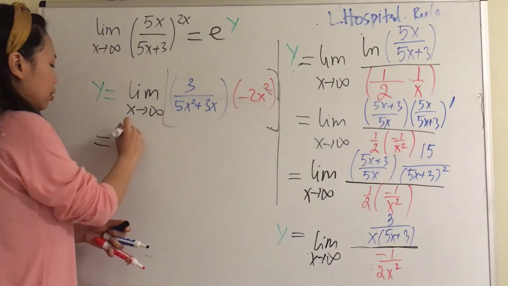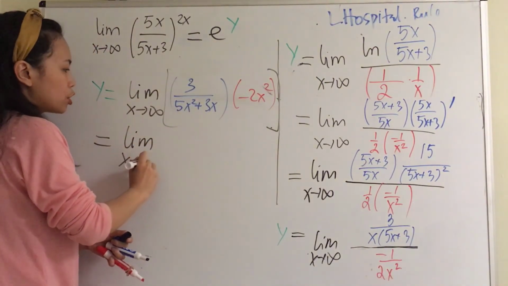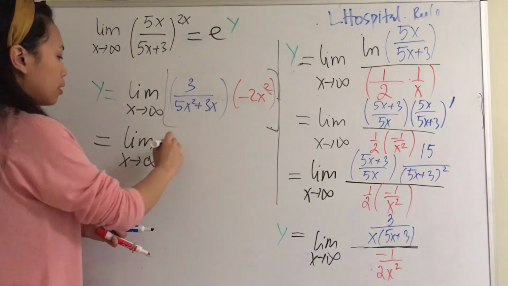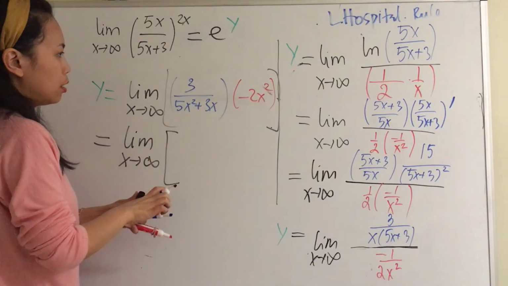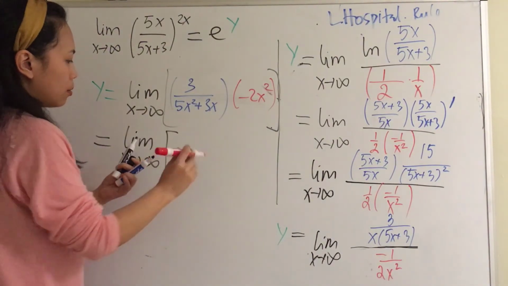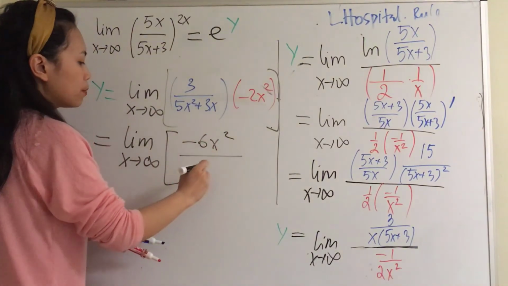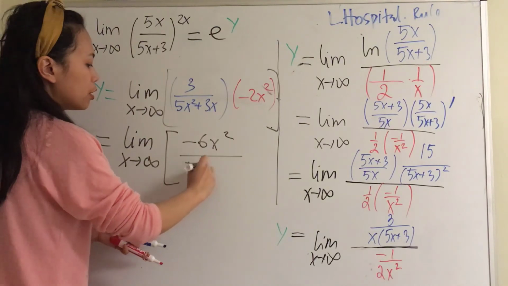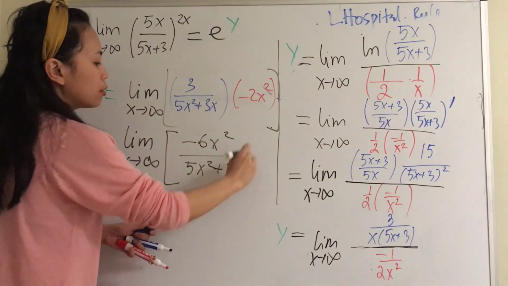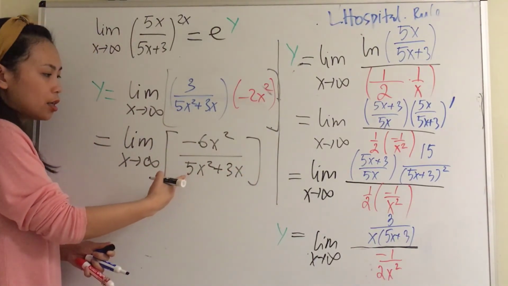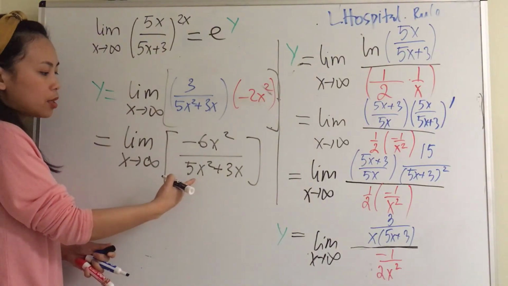So this equals the limit as x approaches infinity of minus 6x squared over 5x squared plus 3x. And this limit is easy. You divide both numerator and denominator by x squared.